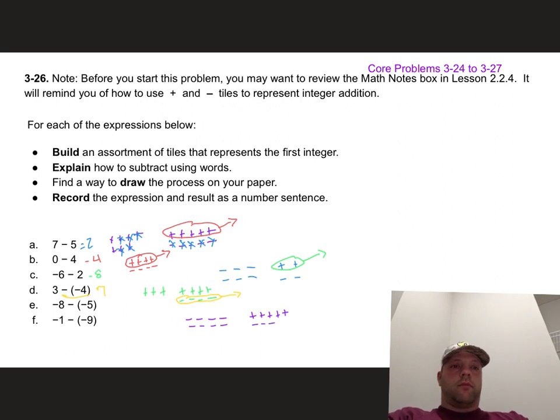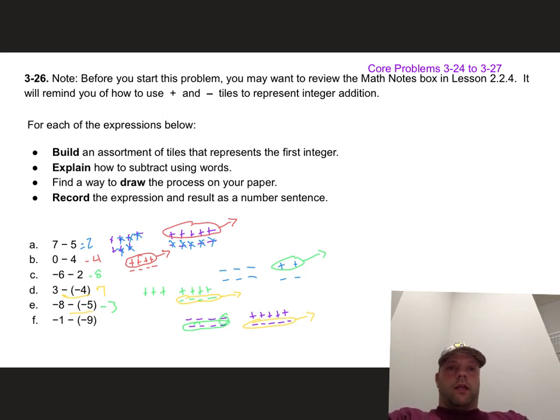My second number is always my 0 pairs that I do. I am getting rid of the 5 negatives because it's minus a -5. When I do that, I have the 5 positives, and those are what I get rid of. So these are gone, this one's gone, leaving me with -3.